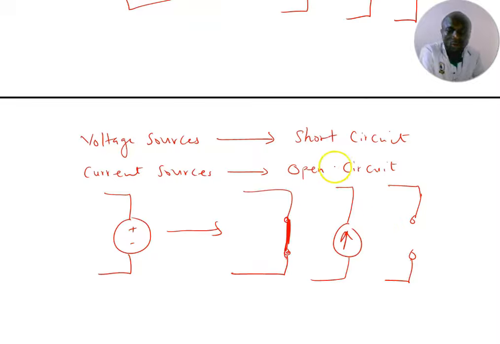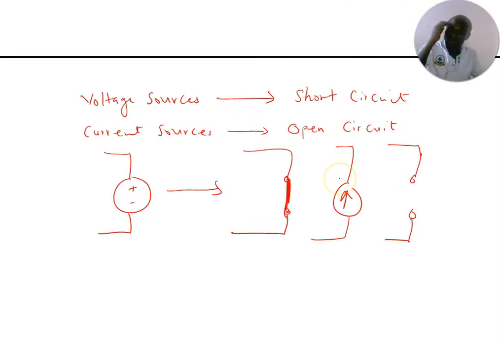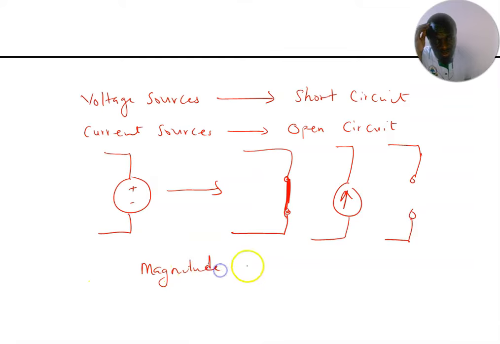Anytime you are finding a current on an element, you always need to consider the magnitude and direction. The magnitude is the value of the current, and then the direction.